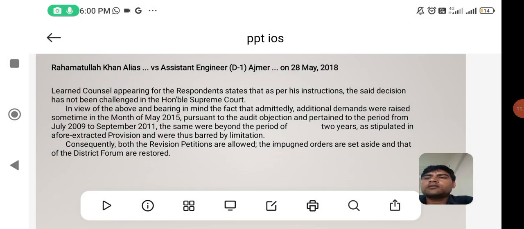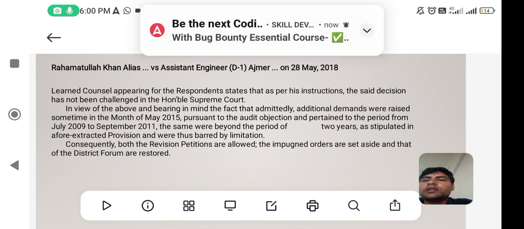Rahmatullah Khan versus Assistant Engineer, Ajmer, 28 May 2018. Counsel appearing for the respondent states that as per instructions the said decision has not been challenged before the Honorable Supreme Court.